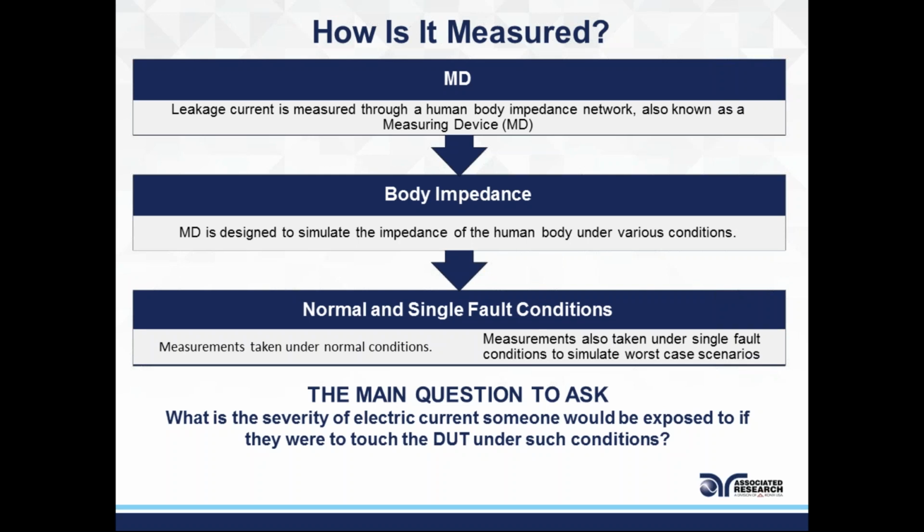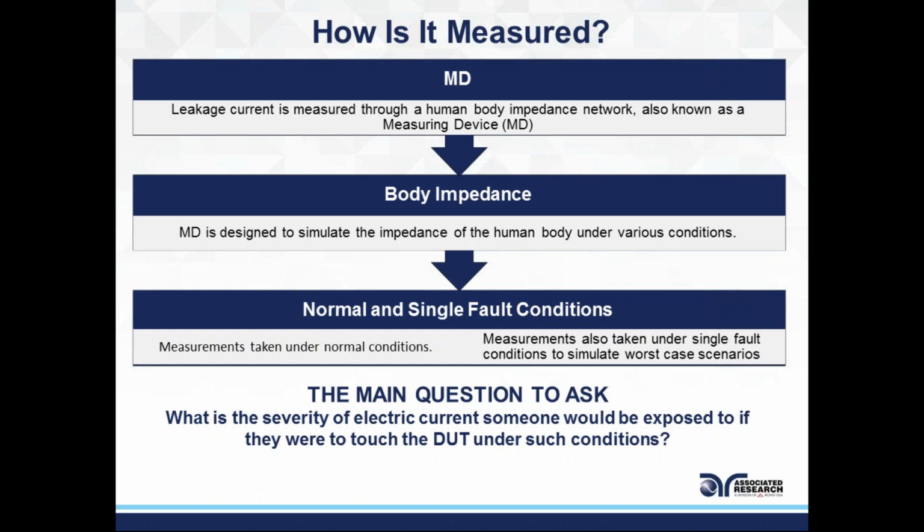Different standards call out different kinds of measuring device, called MD, and we'll later see how these MDs are attached to the device under test to measure the different points we mentioned earlier, and how they measure the resulting leakage current flow.